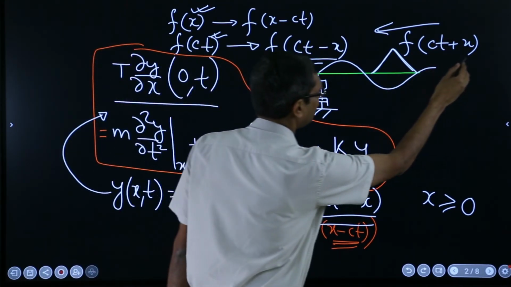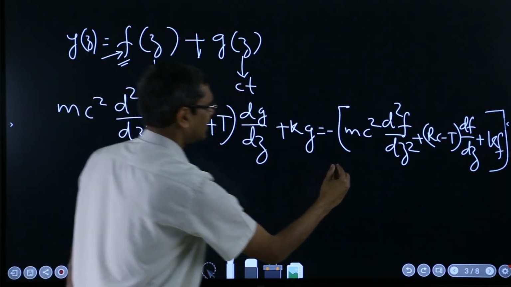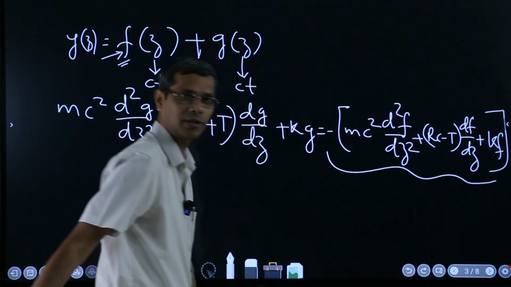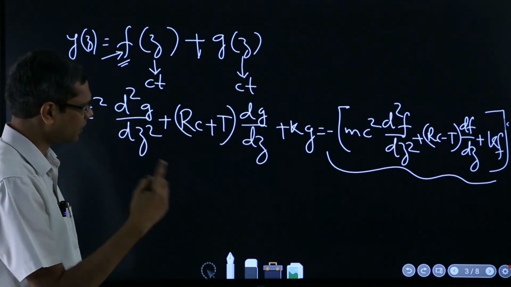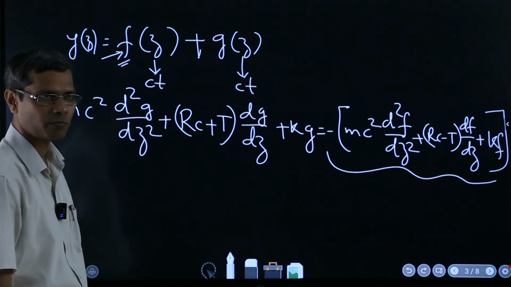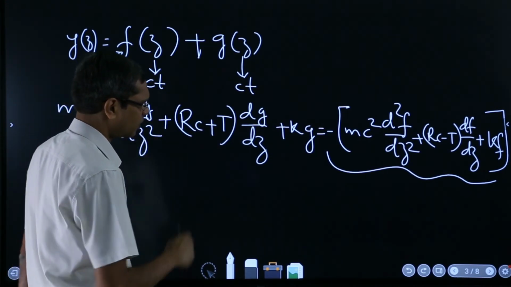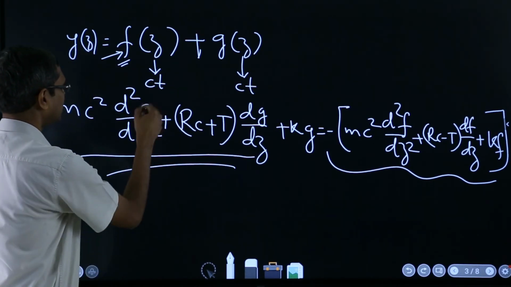So this will be known. If you go to this side, it is completely known, because you know the function f with which you gave the initial condition. And this side is the differential equation in g.